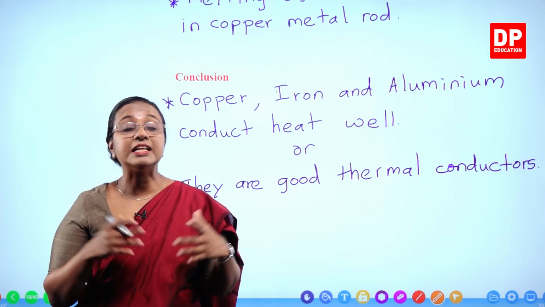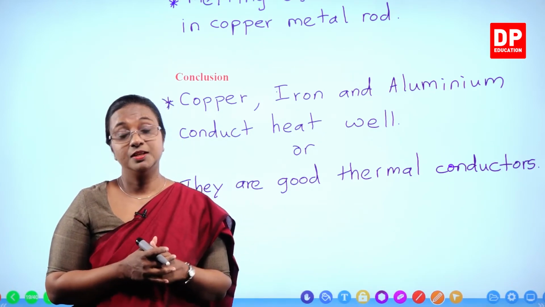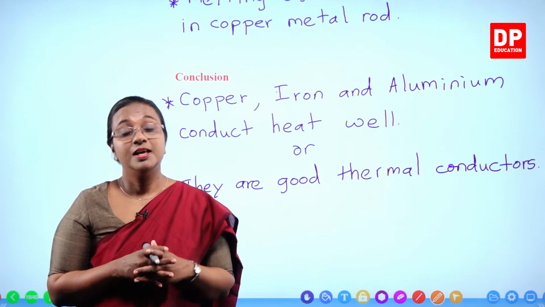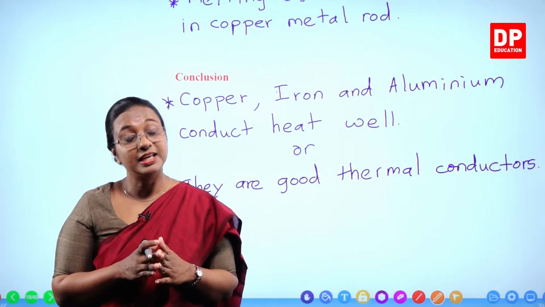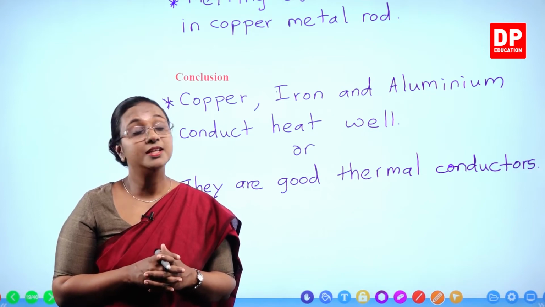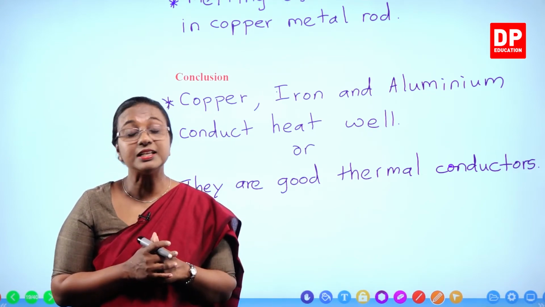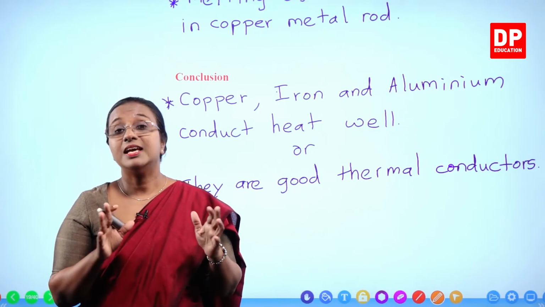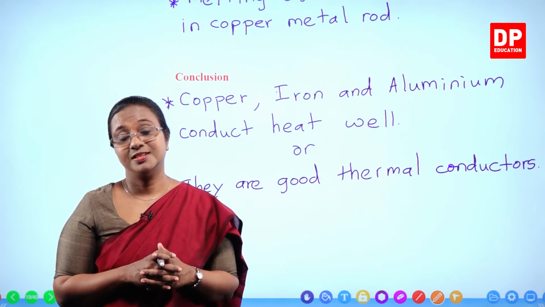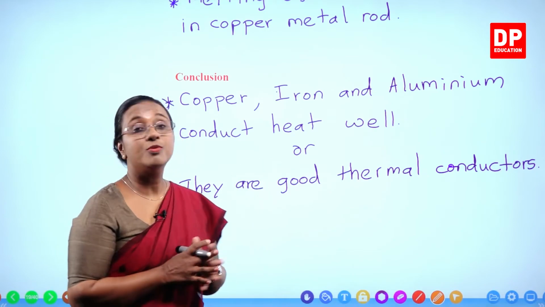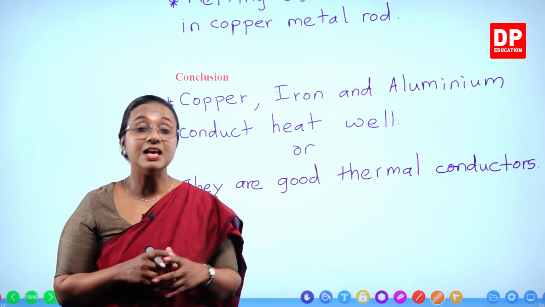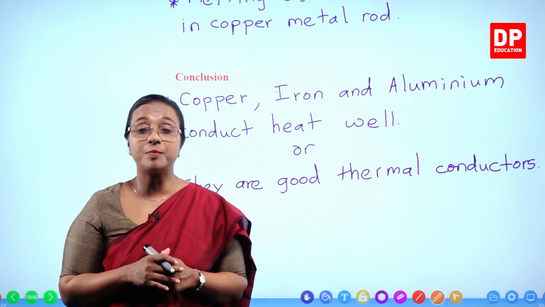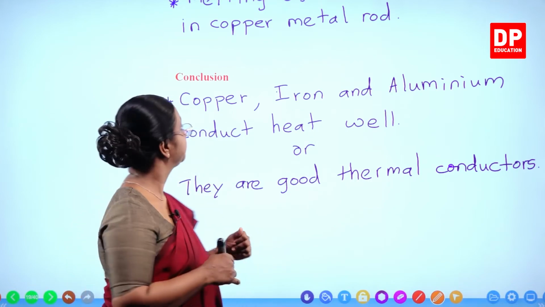But if you take, let's say, carbon graphite or sulfur, then they don't conduct heat. So they are not good thermal conductors and do not show properties of metals. Is that clear to you all, students? With that, I will move on to the next slide where we discuss another property of elements.